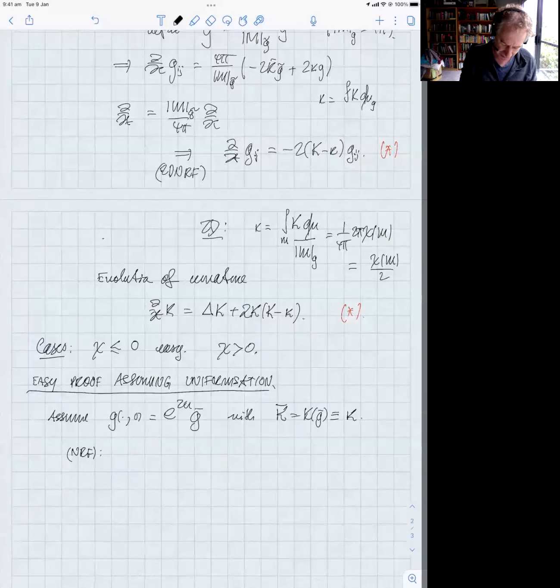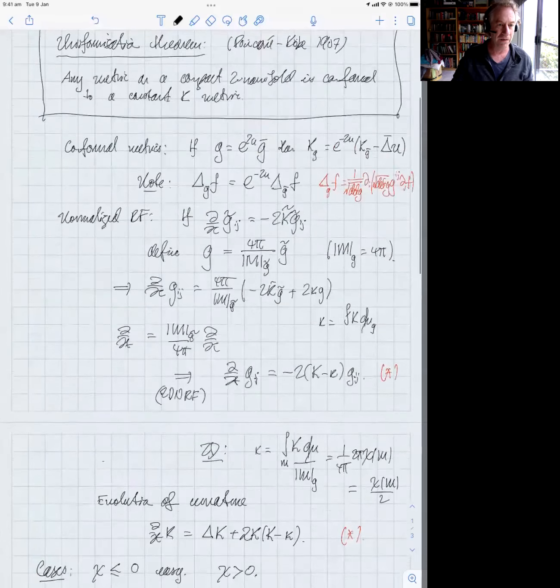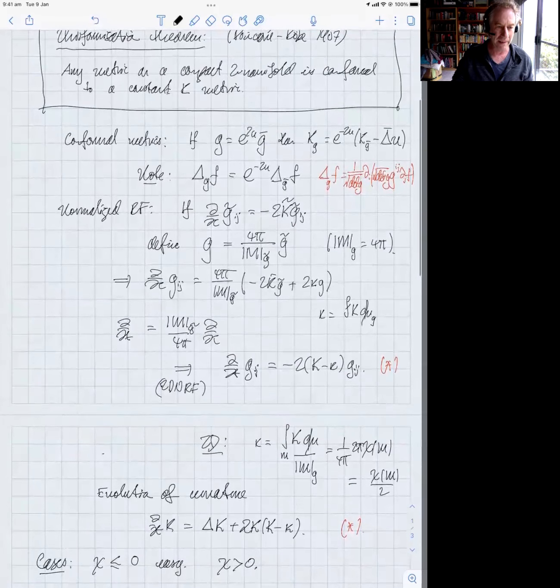Okay, so what is the equation? d/dt g is minus 2 times (K minus kappa) times g. Plugging in this expression for g, this will be 2 e^{2u} du/dt g bar on this side. And on the other side, I get minus 2, and we have this equation for the Gauss curvature of g in terms of the Gauss curvature of g bar, the one at the top here.